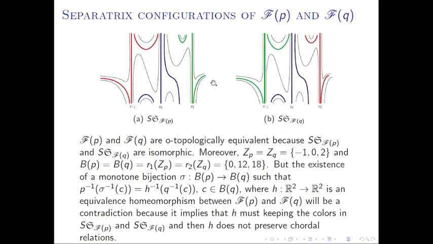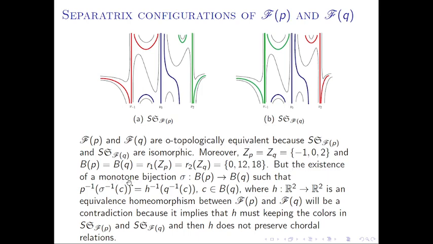Condition A is satisfied because the separateness configuration of the foliation given by P, that is this, and the separateness configuration given by the regular foliation of Q, that is these other ones here, are isomorphic. So the regular foliations of P and Q respectively are topologically equivalent.